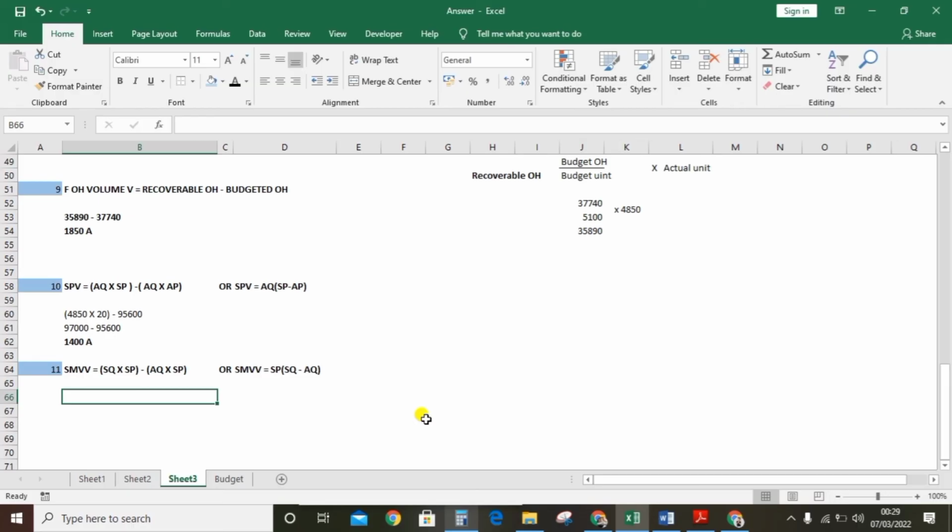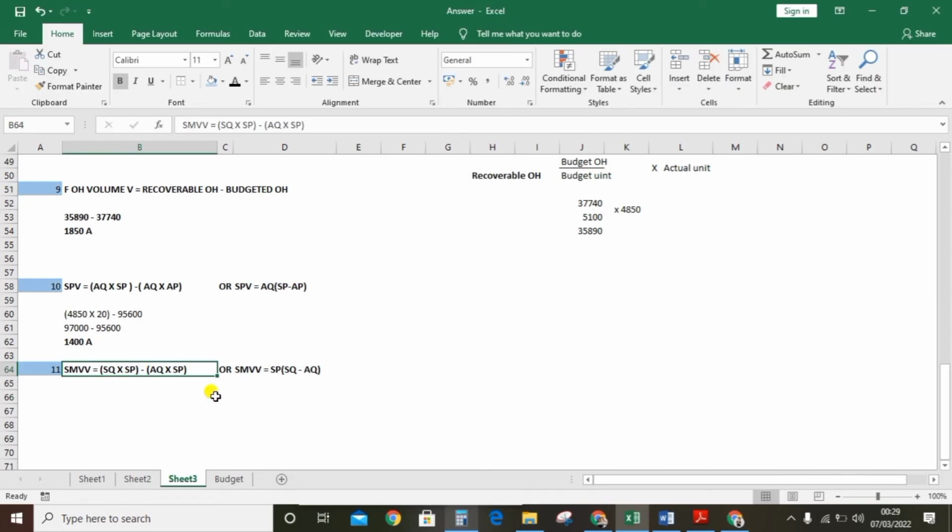Next, sales margin volume variance. The equation is SQ into SP minus AQ into SP. Here SQ is the standard quantity of selling and SP is standard profit. It's not a price, because it's a sales margin variance.